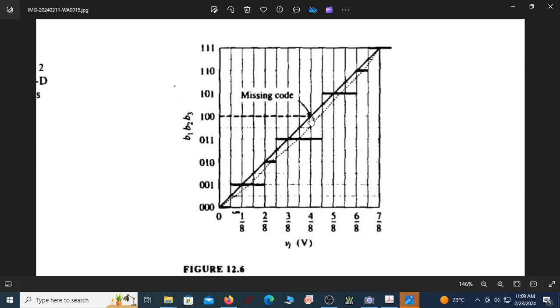Just for 3 bits, you are missing 1 bit. Now can I actually find out what ENOB is here? Now you are supposed to have 8 combinations.